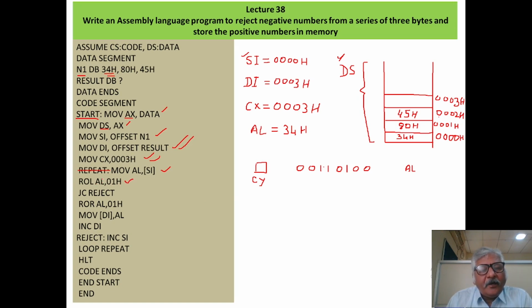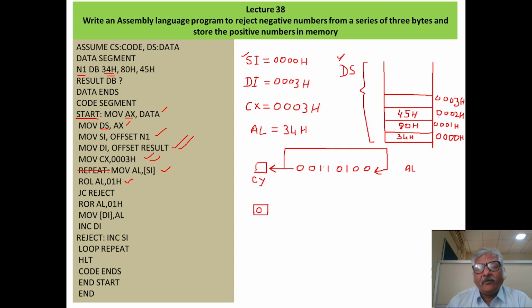It will rotate the content of AL left by 1 time. ROL will shift this MSB into the carry flag, as well as the same value into the vacant position here. After the execution of ROL AL comma 01, in the carry flag you will find 0.